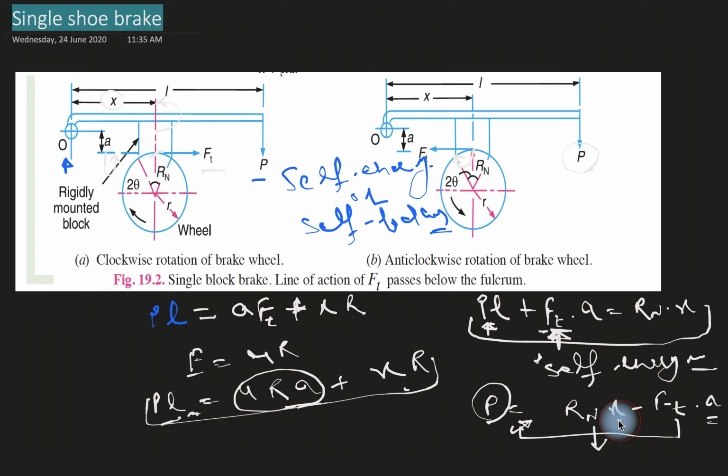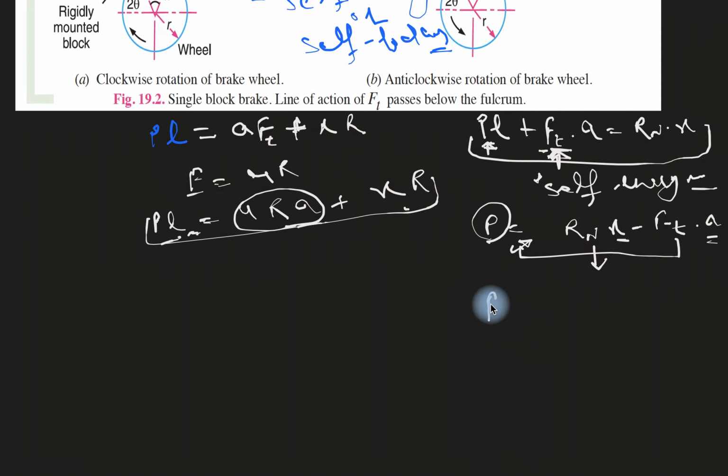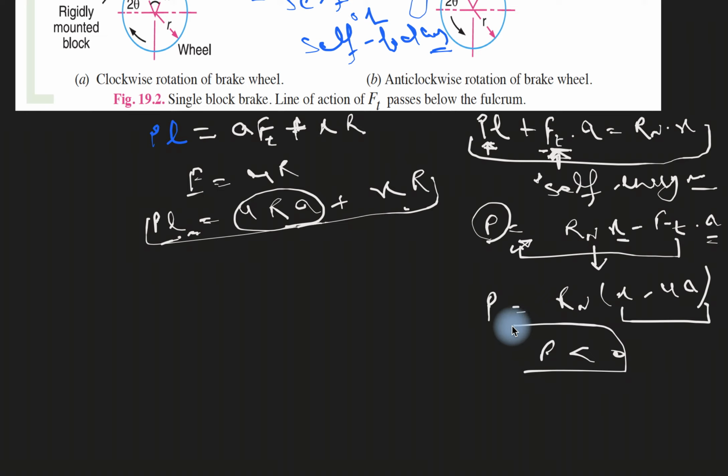For self-locking, I will write further this equation for this case: P is equal to Rn common into X minus mu A. For self-locking, P should be less than 0, or I don't need to apply any external force, so X minus mu A will be less than 0. This will be the case of self-locking.